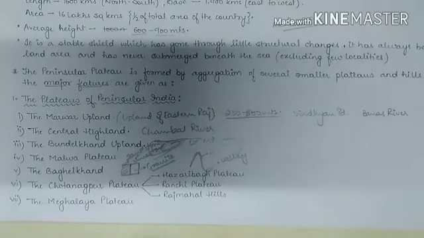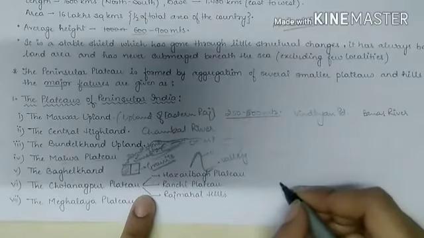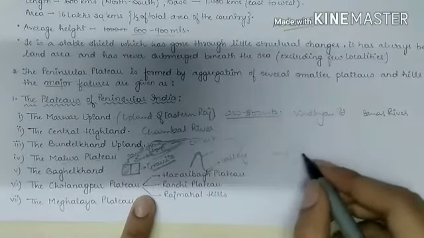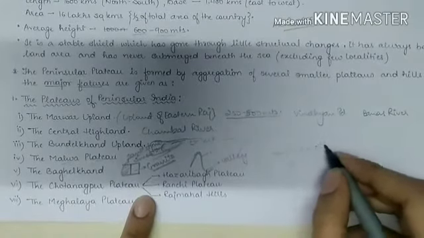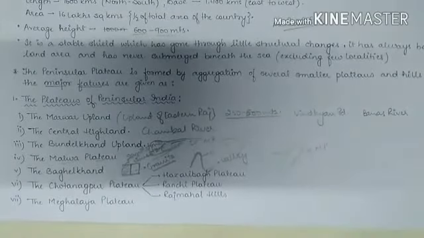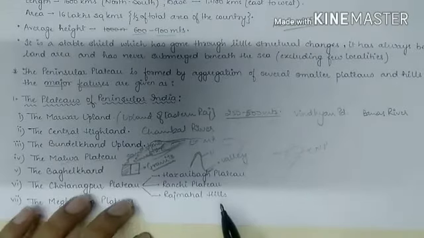The area which it covers is about 87,000 square kilometers, and most of the area is in Jharkhand, along with the northern part of Chhattisgarh and West Bengal. In West Bengal, we have just one district, Purulia.